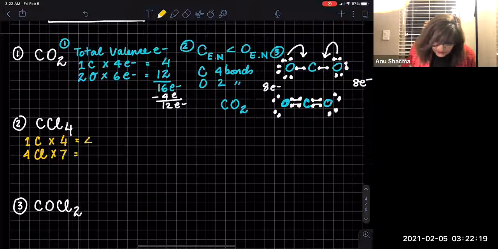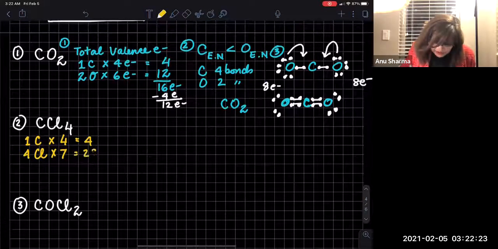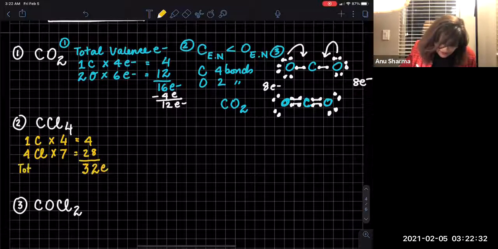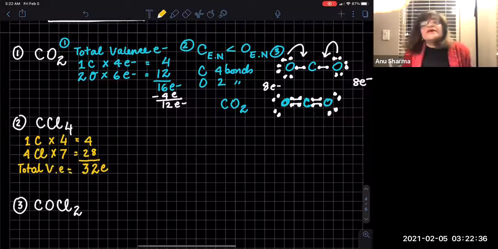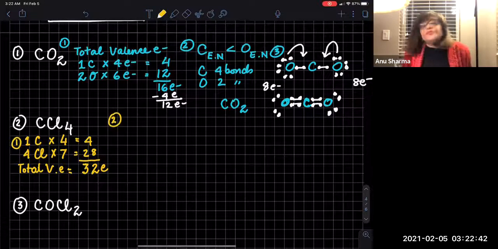So we have 4 electrons from carbon and 7 fours are 28 electrons from chlorine, and 28, 30, 32, a total of 32 valence electrons. Okay, that's one step.